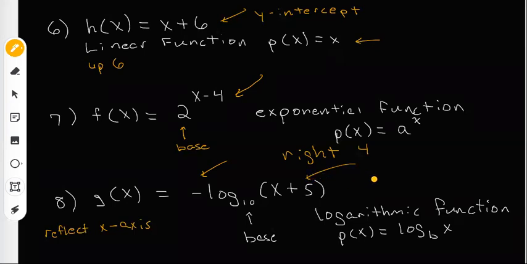So if we're adding on the inside, that means we're going to the left by 5. So that's number 8. Those are the only 2 transformations that are going on. The base, like I said before, doesn't really factor much into the decision about the transformation. Okay. On the next slide, we'll do 9 and 10, and then I'll wrap it up.